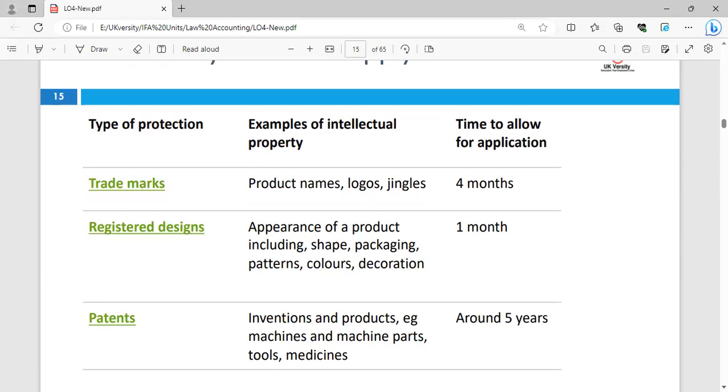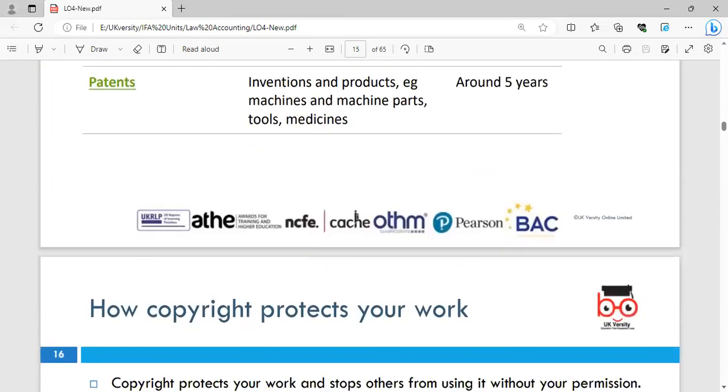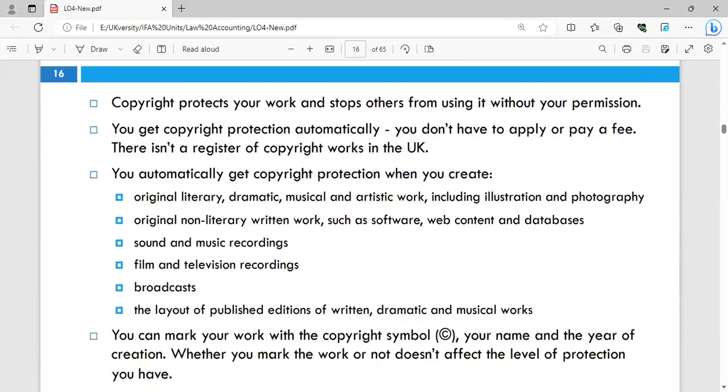protects logos, and we can look at the time allowed for application. Registered designs, we can look around patents, copyright, machines, parts, and so on. Copyright protects your work from others using it without your permission, but in the real world a lot of that happens, people are cheating, we have the internet, but still the legislation is available, and as a professional organization and person, we need to protect these things very closely.